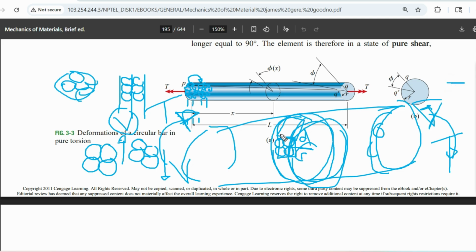If this cylinder is just one molecule of thickness, so you have a hollow cylinder with a wall thickness of just one molecule, then it's these molecules that are resisting that torque, and it's the shear of these molecules.